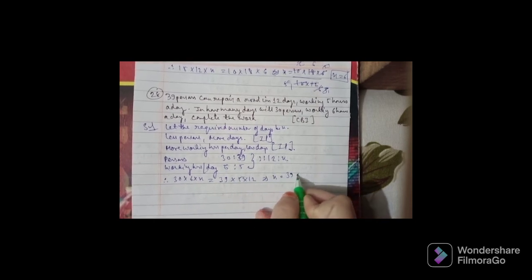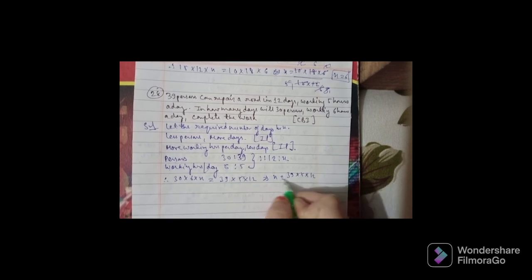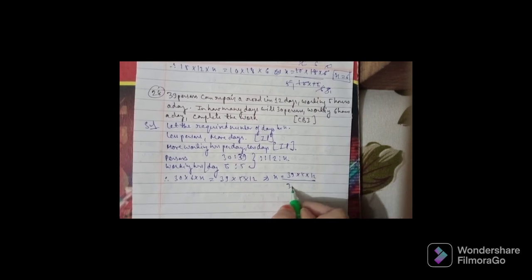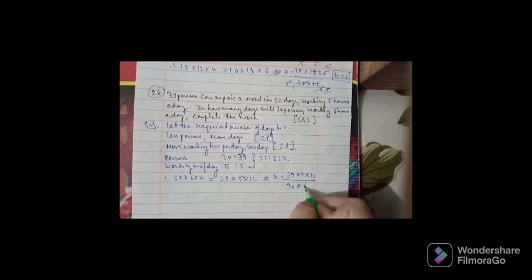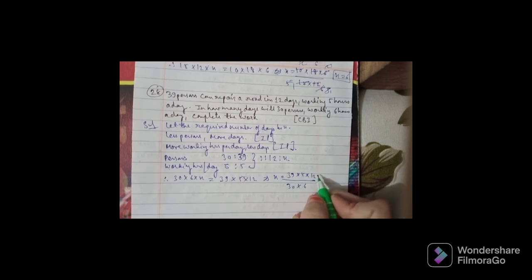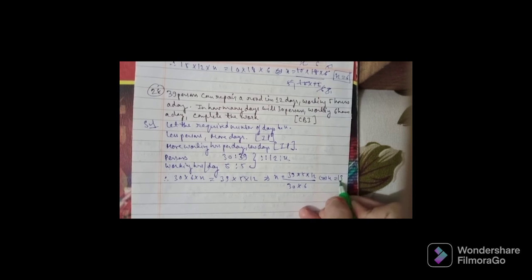X equals 39 into 5 into 12 whole upon 30 into 6, where X equals 13.